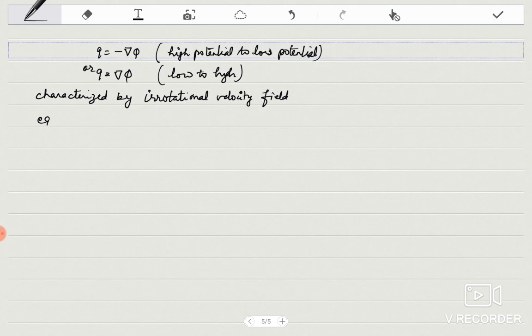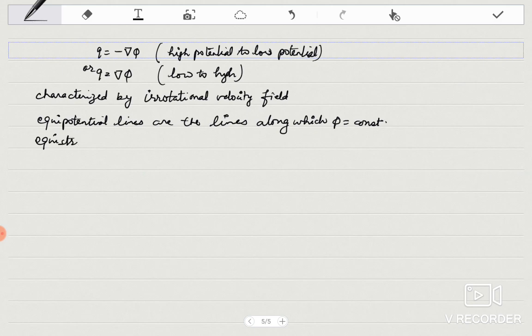Now equipotential lines are the lines along which phi is equal to constant. Similarly, I can say that equistream lines are the lines along which psi is equal to constant, because these are the concepts which we will use later.